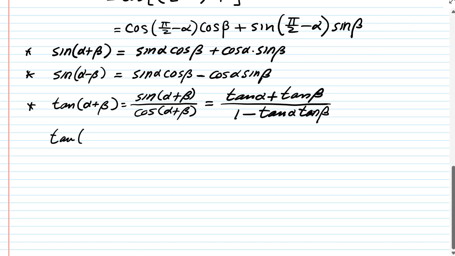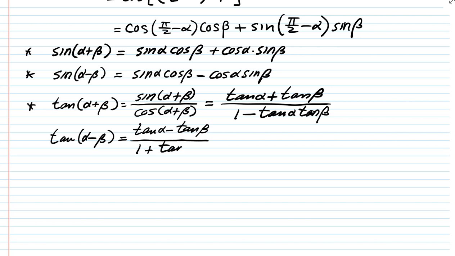Now, tangent of alpha minus beta is going to be tan alpha minus tan beta. The signs here match. And in the denominator, the sign is opposite on the product, tan alpha tan beta.